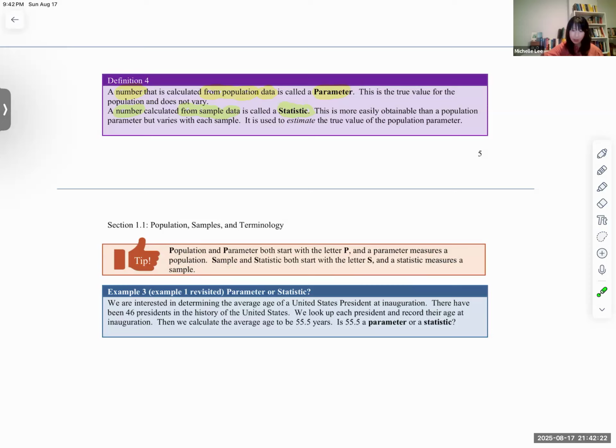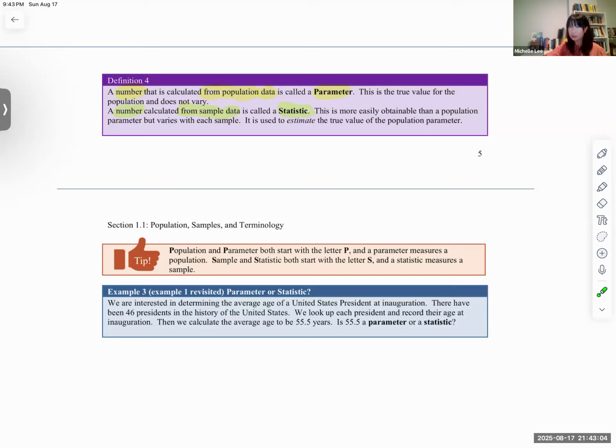Okay. Let's answer this example. This is the same as what we did earlier: all 46 presidents in the USA, right? We want to know their average age, and they calculate an average age of 50.5 years. What do you think? Is it a parameter or a statistic? Is the number based on population data or sample data?